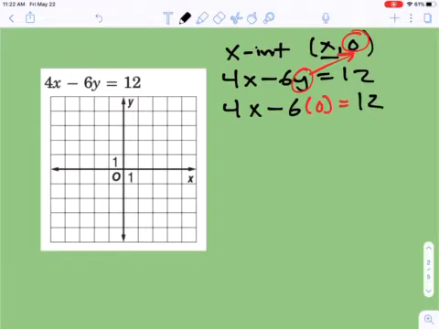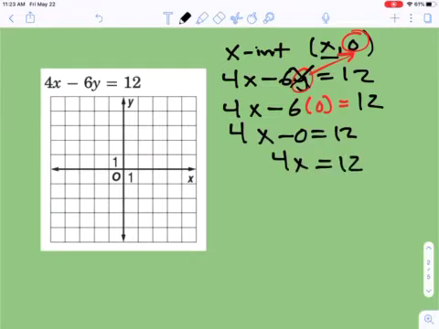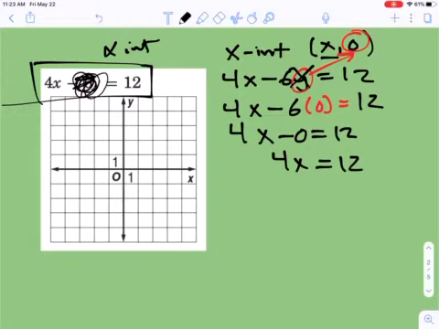What that effectively does is it takes the term that the y is attached to and makes it vanish. So you wind up with 4x minus 0 equals 12. In other words, 4x equals 12. I showed all these different steps, but pretty much if you know you're looking for your x-intercept, you can just get rid of this whole term and say it goes to 4x equals 12.